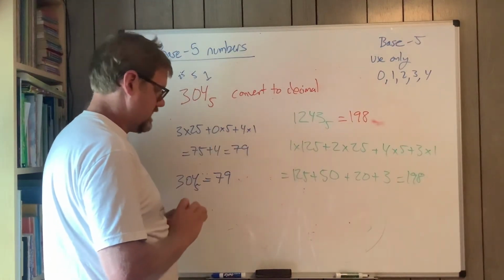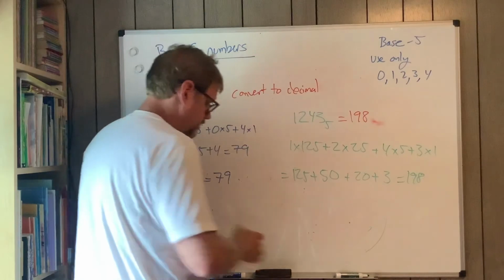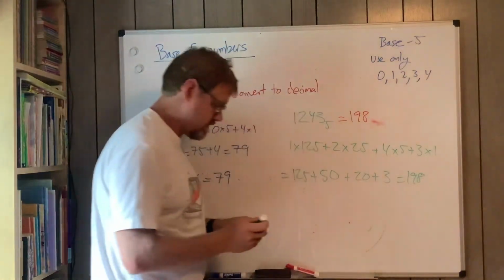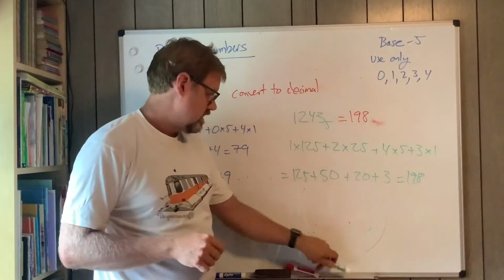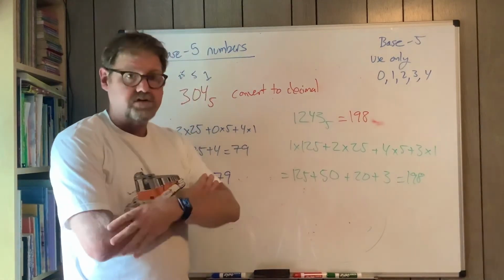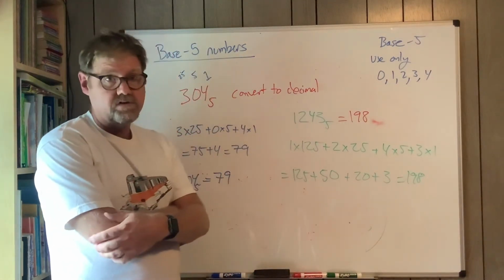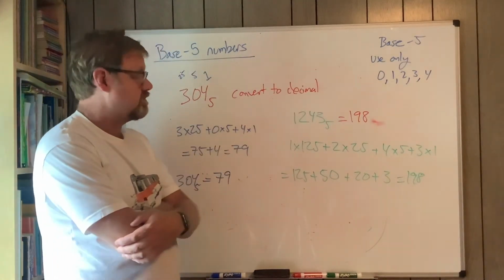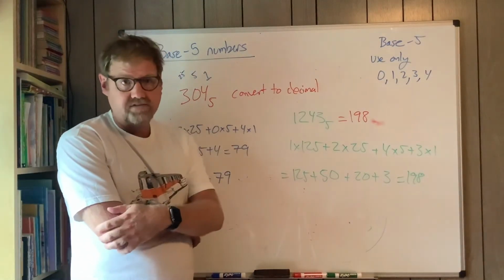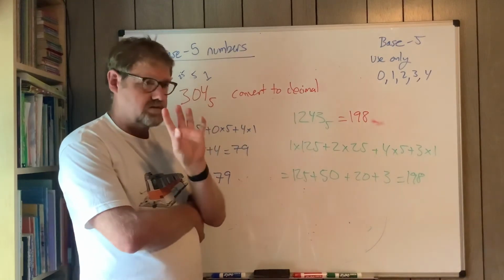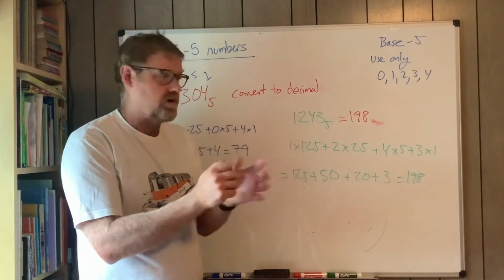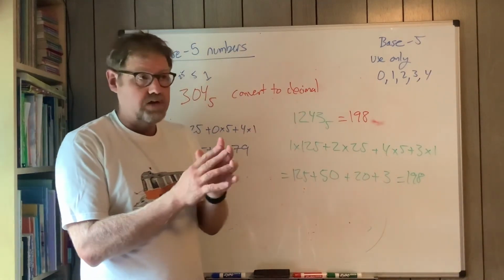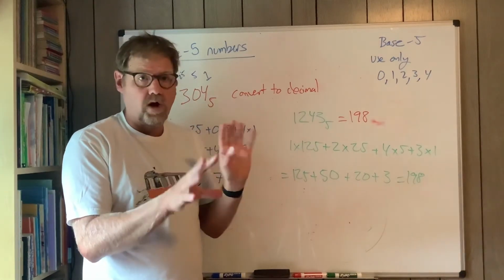All right. Now, let me talk a little bit about where this is going. The reason I do this is we're going to do a bunch of operations. So we're going to do addition, subtraction, multiplication, and division using base 5. Basically, it pushes us a little bit out of our comfort zone and really gets us thinking about why we do certain things.